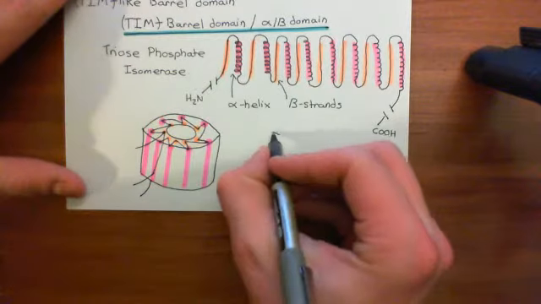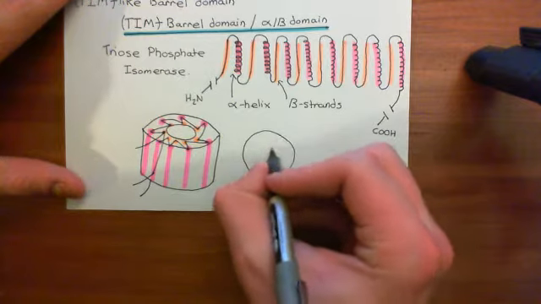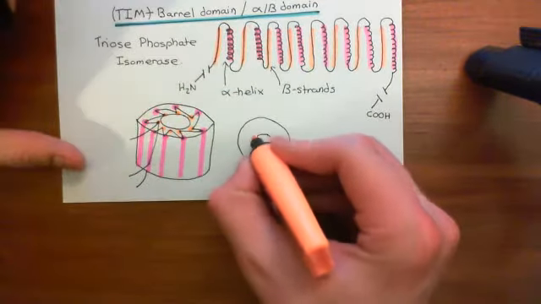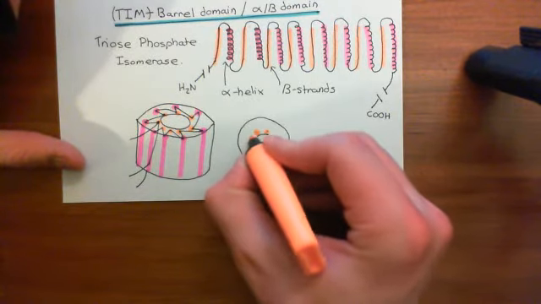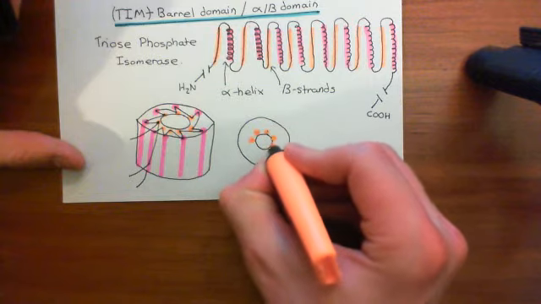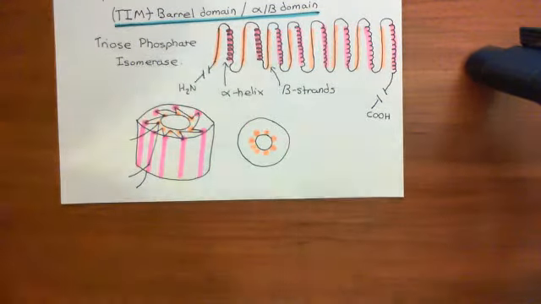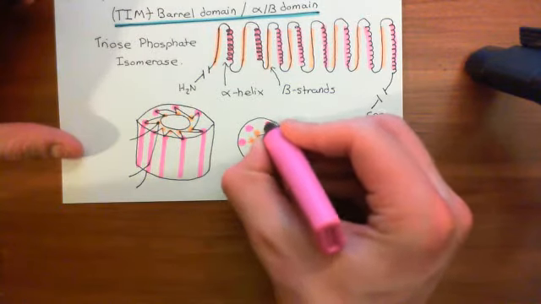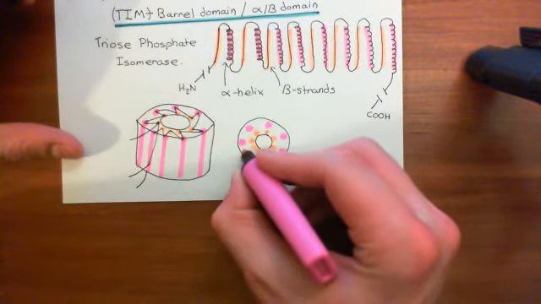It's easier if I draw it from above. So let's draw the barrel from above. Okay, like so. Then we'll have these beta strands all lining the inside. I'll try and show these a little bit bigger this time. And then the alpha helices will be surrounding the outside. Like so. 1, 2, 3, 4, 5, 6, 7, 8.